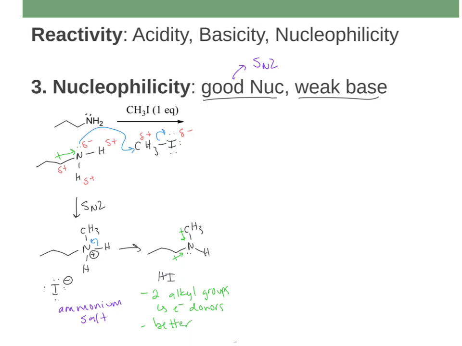It's more electron rich, it's a better nucleophile. So what happens if you're not careful is that this will now react with another methyl iodide because it's going to outcompete it. It's more nucleophilic, the reaction is going to be faster. And so it can react with another one of these, do another SN2 type reaction, and add a second methyl.